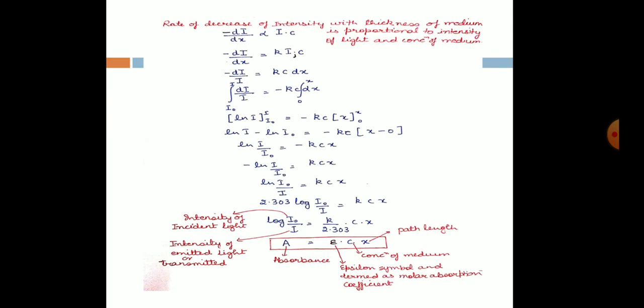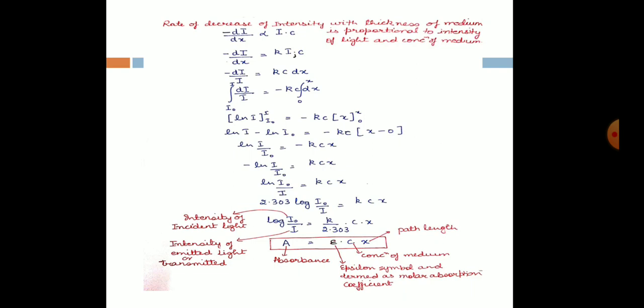So the rate of decrease of the intensity with the thickness of the medium, we can write as minus dI by dx. dx is a very small distance which will be travelled by the light, and x centimeter has several dx in it. So minus dI by dx means the rate of decrease in the intensity of light with the thickness of the medium.